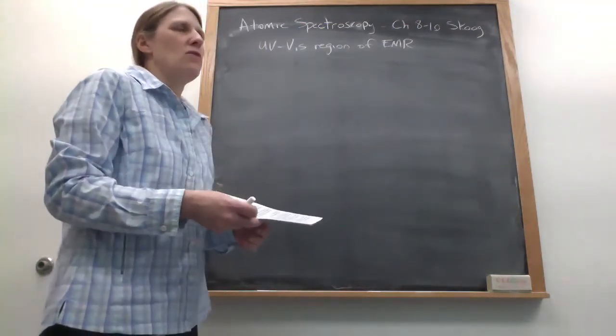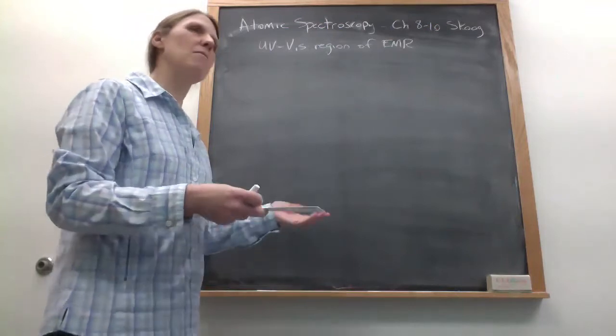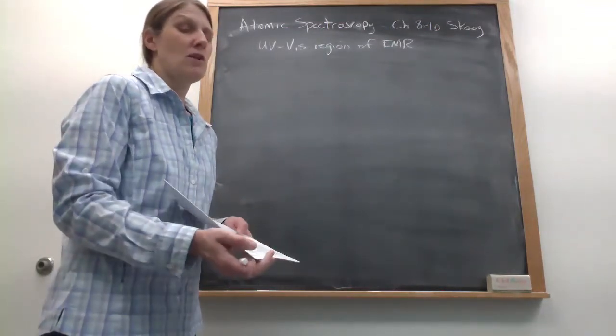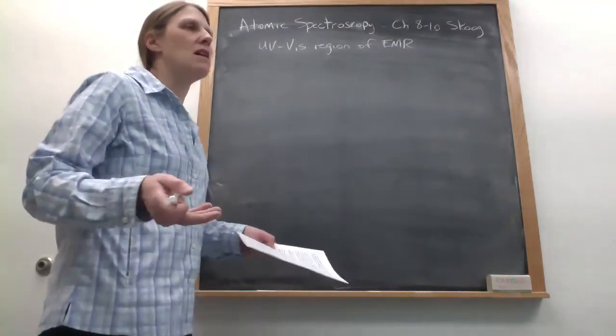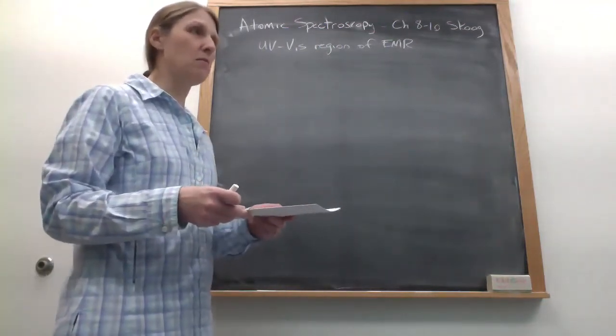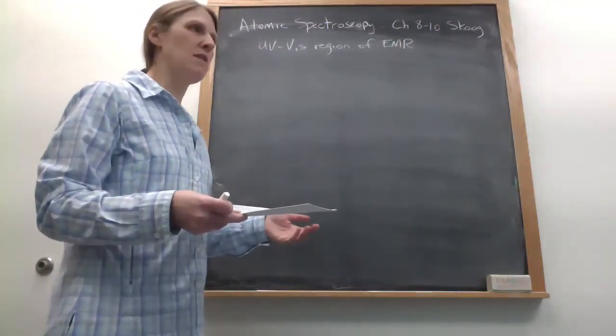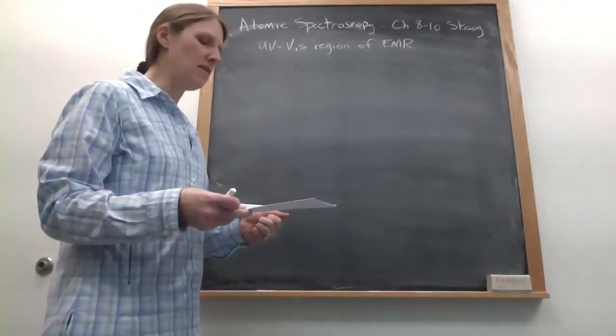And so our structure of an atom really came out of the work of emission spectroscopy, indicating that not all energy levels are possible after an atom goes into an excited state.